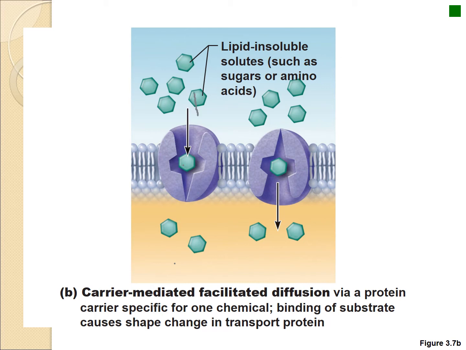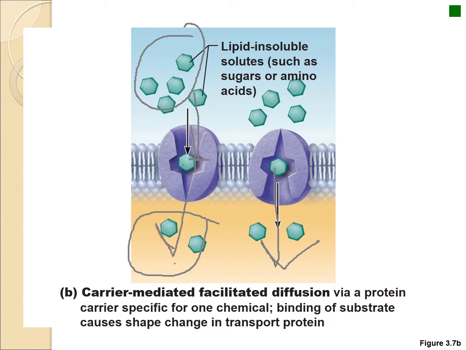Here we see something attaches to this, and without any cell energy at all, it gets let in. What makes it do that is that there have to be more particles on the outside than on the inside. So if there's more here, this tends to take the stuff and move it in. Now here's a little problem.